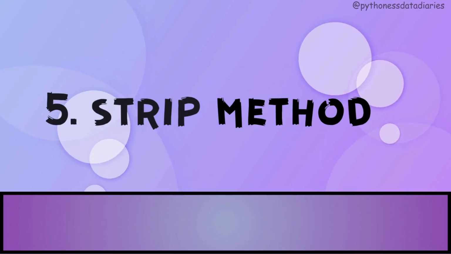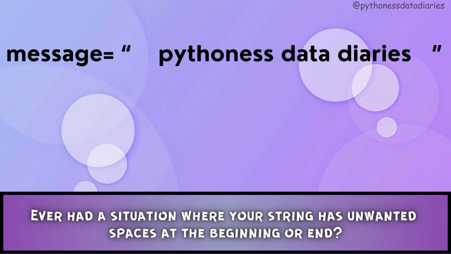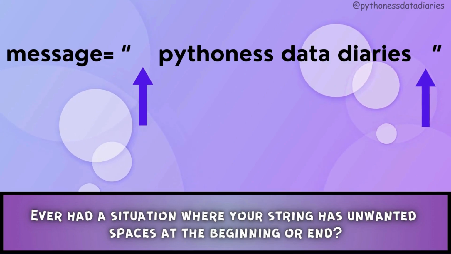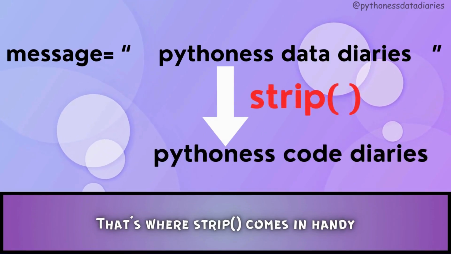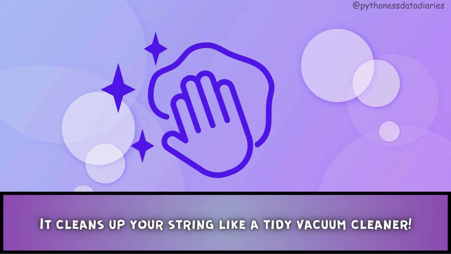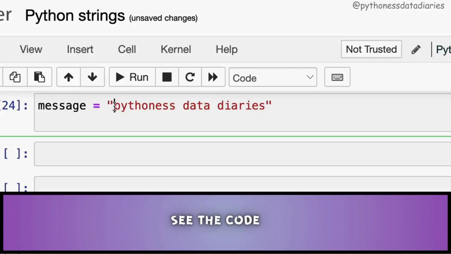Fifth, strip method. Ever had a situation where your string has unwanted spaces at the beginning or end? That's where strip method comes in handy. It cleans up your string like a tidy vacuum cleaner. Let's jump to Jupyter Notebook and see the code.